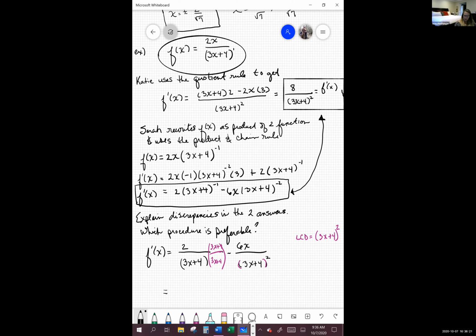So let's distribute our 2. We got 2 times 3x is 6x. 2 times 4 is plus 8. And then the other numerator is minus 6x, all over our LCD, which was (3x plus 4) quantity squared.